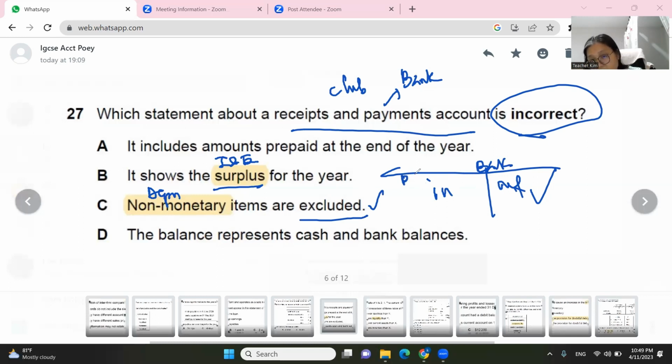Yes, this balance brought down, balance c/d, refers to the cash and bank account balance. So from the list here, which one is incorrect? This one is wrong. This is under the income and expenditure account. It will show balance c/d, balance b/d. Okay, that's all. For the next one, we go to the next.